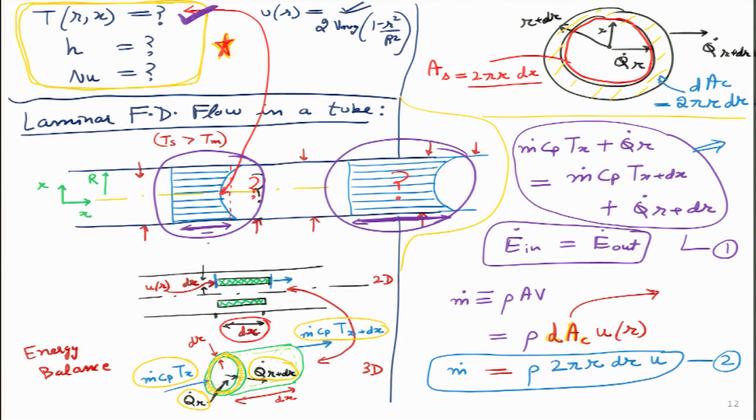Because this is at Ts, let us say at x equals 1 meter. This is the surface temperature here. This could be the surface temperature at x equals 2 meters. I am just putting some imaginary numbers over here. So after 2 meters, the surface temperature has to be higher than that of 1 meter, isn't it true?